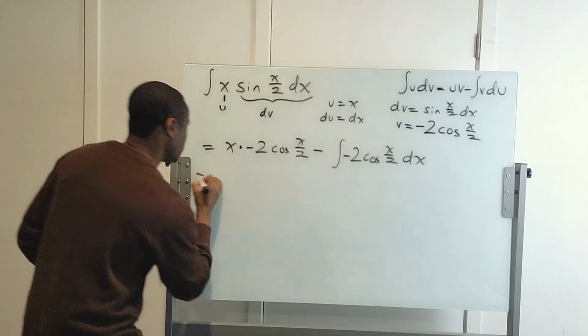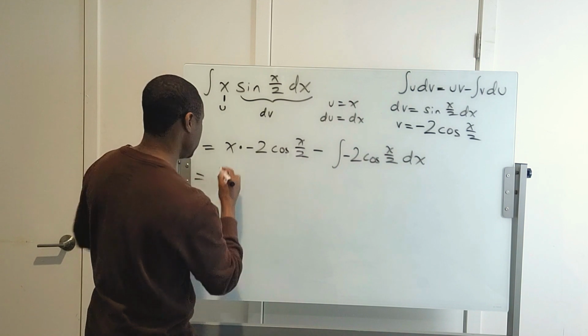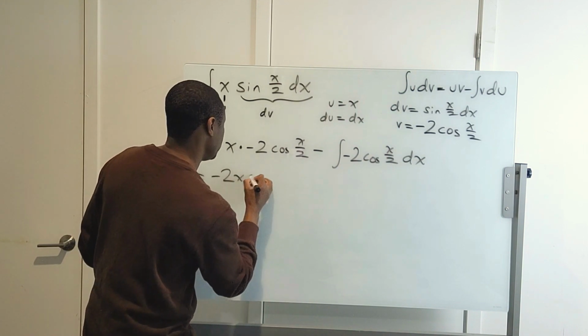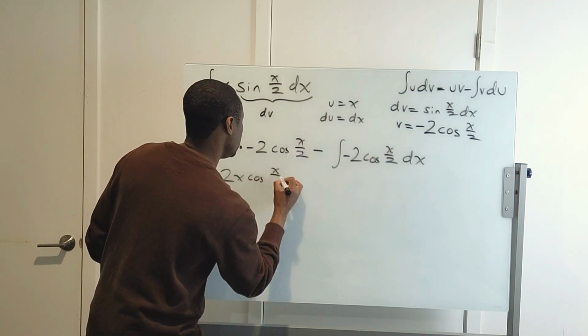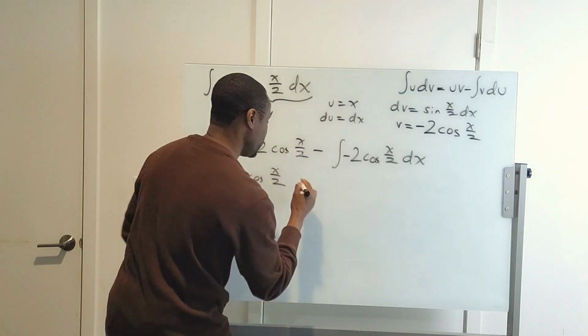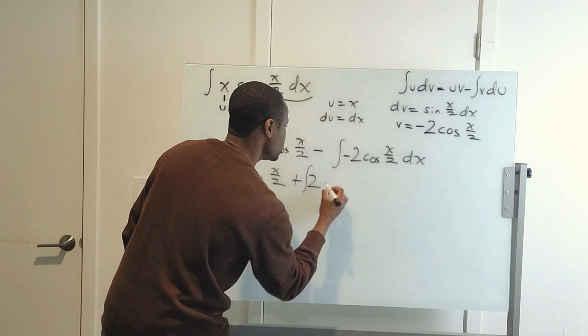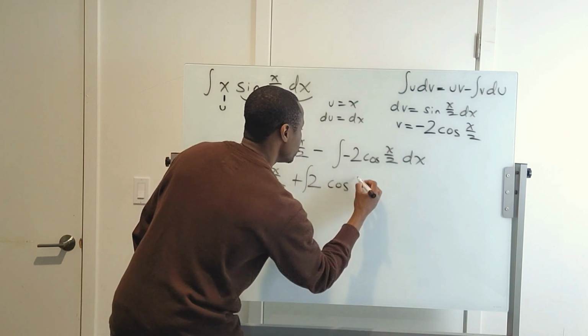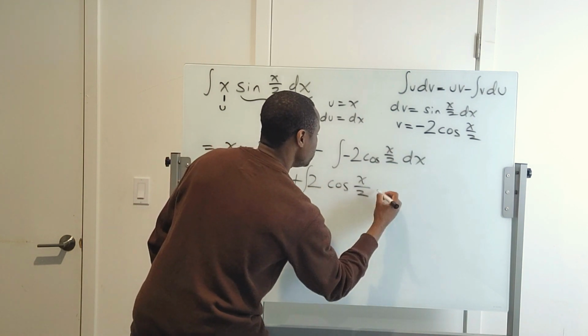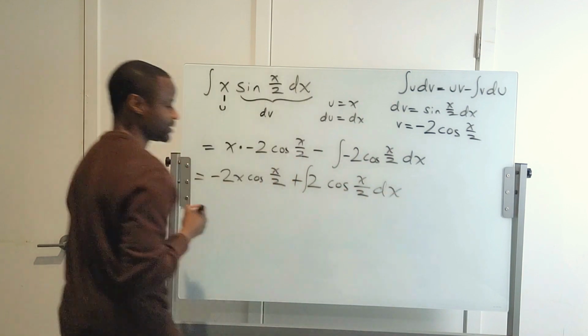Okay, let's simplify. This is simply negative 2x cosine x over 2. Two minuses make a plus 2, plus the integral of 2 cosine x halves dx.